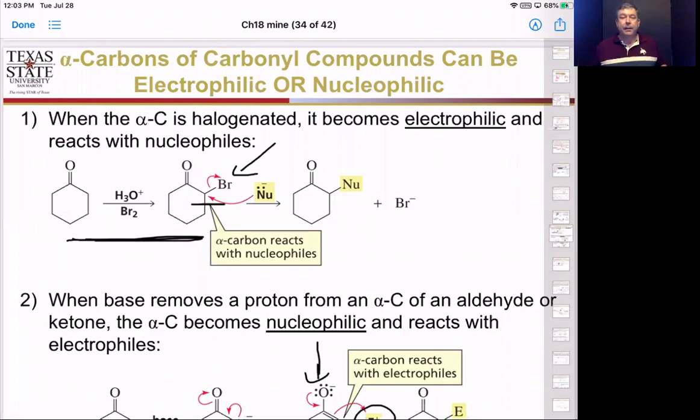So, okay, we started talking about carbonyls and how that partially positive carbon on the carbonyl gave us certain reactivities. We started with the chapters where we did addition reactions to them, and then we did substitution reactions with them.